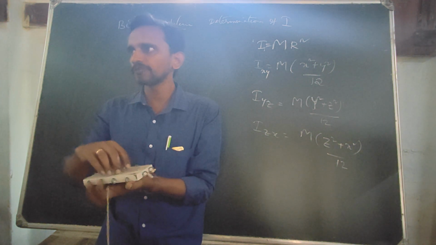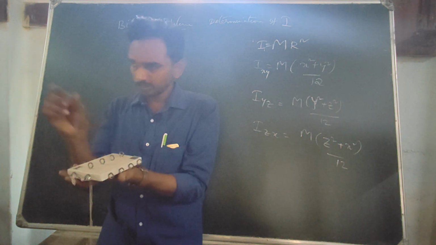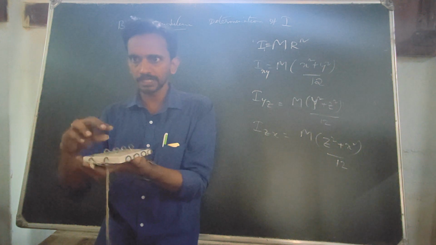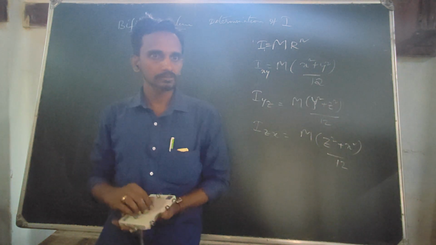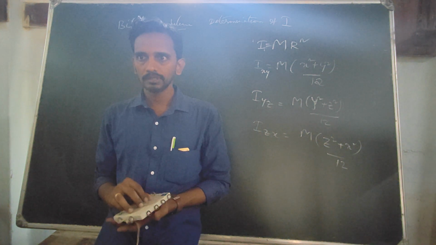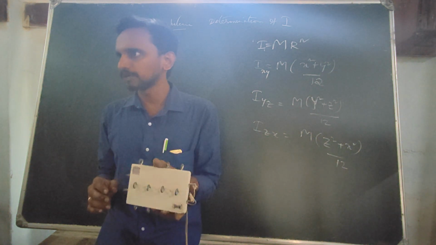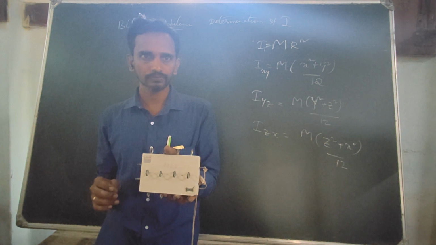More the area, more difficult to bring it into rotatory motion. If you have a small wheel, you can rotate it easily. If you have a big wheel, big plate, it takes more energy. Right? So more the area of the object, more is the moment of inertia.